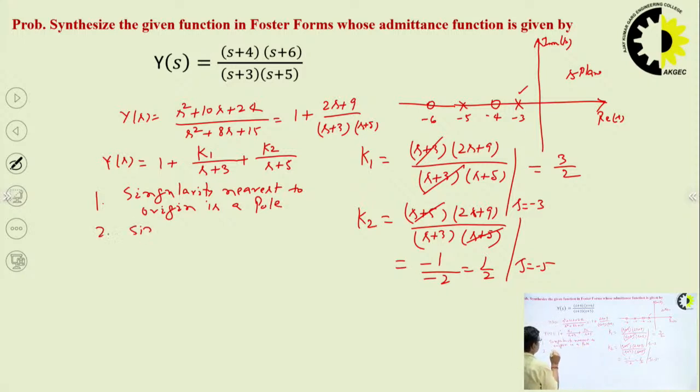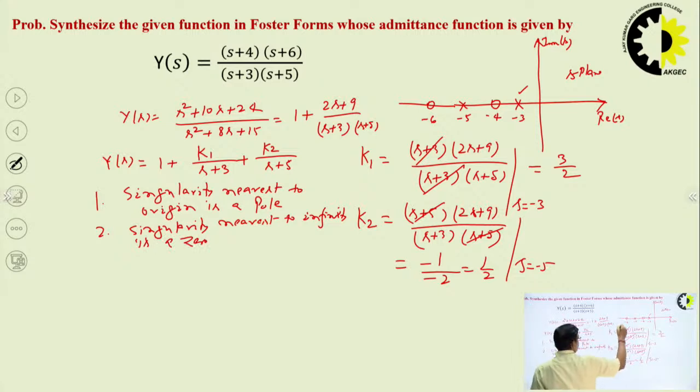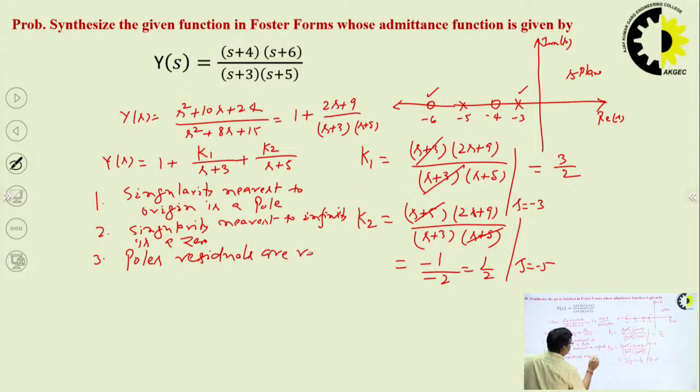Singularity nearest to infinity is a zero. You can see here tending towards negative. Okay. Residuals of poles, poles residuals are real and positive.